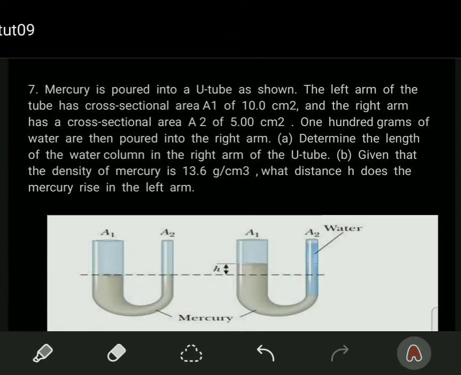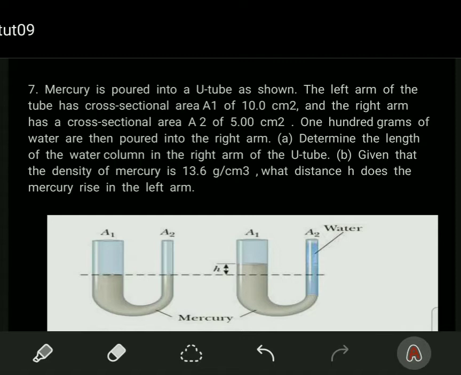The left arm of the tube has a cross-sectional area of 10 square centimeters, and the right arm has a cross-sectional area of 5 square centimeters. Okay, so this is a U-tube shape.